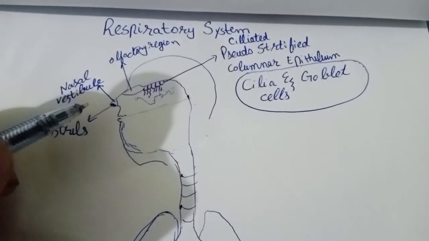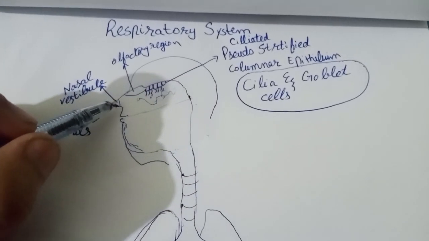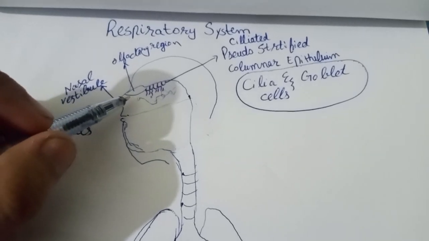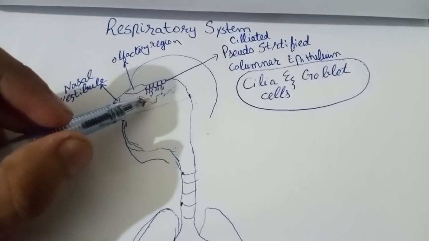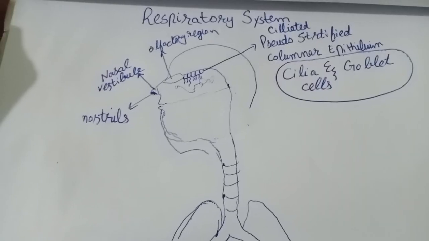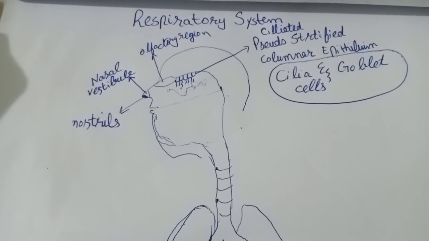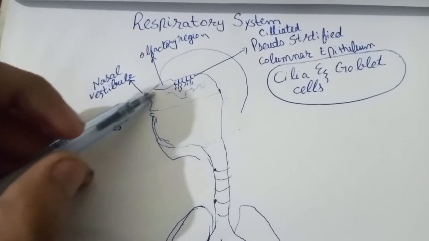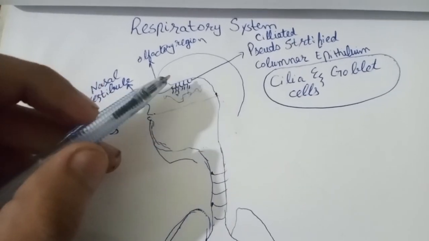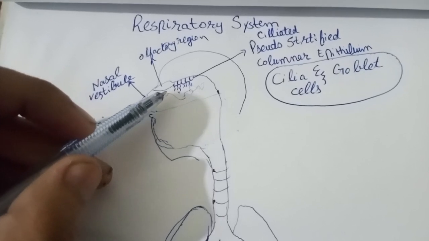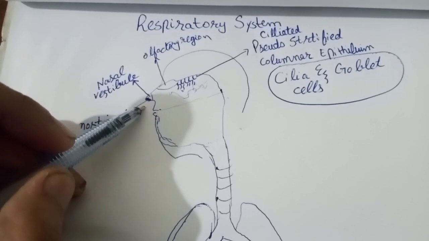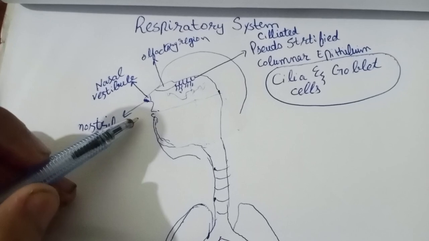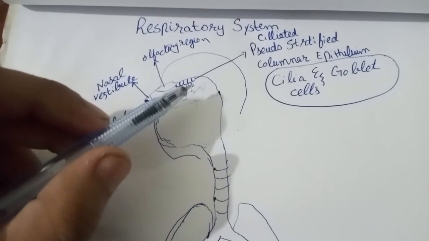So first of all, the air is filtered by the hairs of the nasal vestibule, and after entering the nasal cavity, the air is filtered through mucus. Cilia help the mucus to move out from the body or move in the body. When the mucus moves out from the body, it will come out through the nose or the mouth.